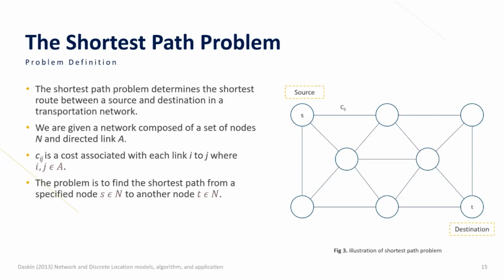And since it's a shortest path problem, you will have a source or origin node, where you start, and a destination node, the finish of your journey.